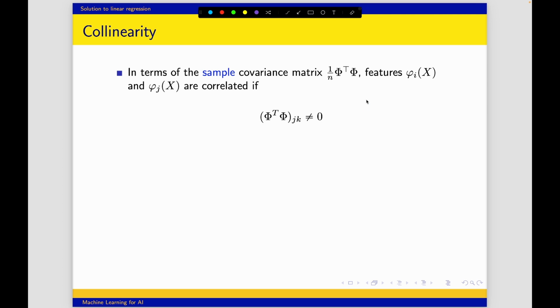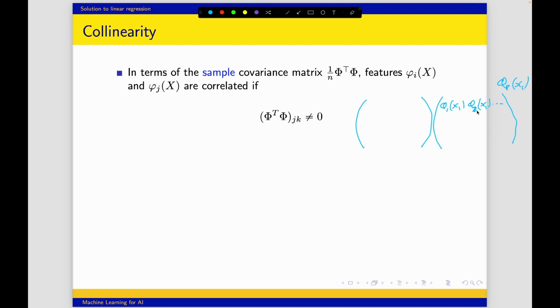Well, let's put phi here, not psi. Phi. So phi is the row of the feature vectors at each data point. So we're going to get here psi 1 at x1 and psi 2 at x1 and so on down to psi p at x1.